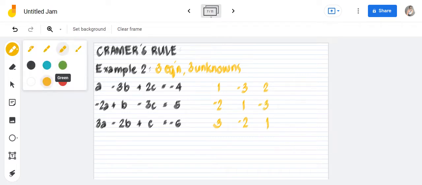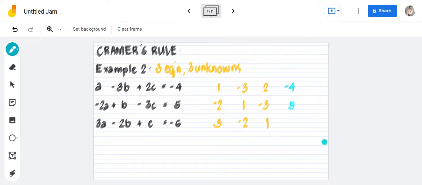And for the constants, that will be negative 4, 5, negative 6. This one is your coefficient matrix, and this one is our column vector.